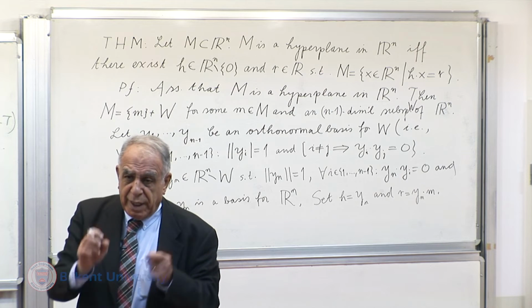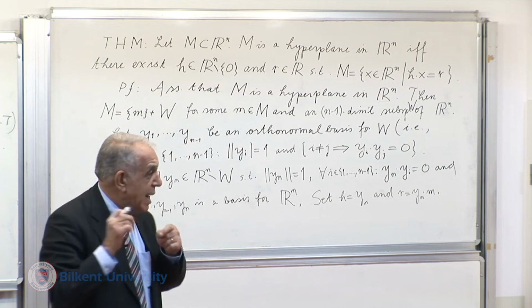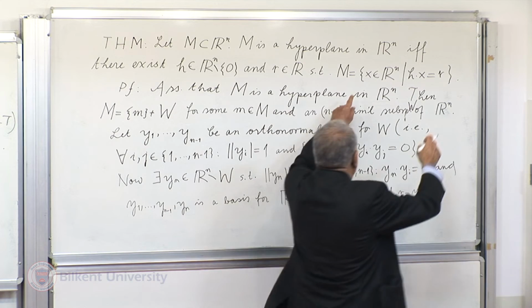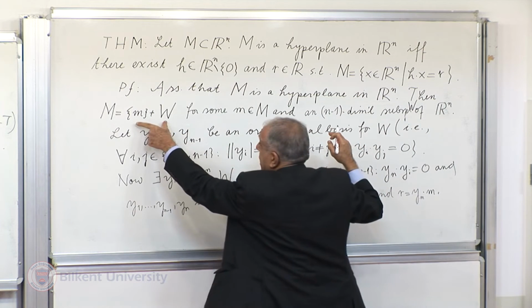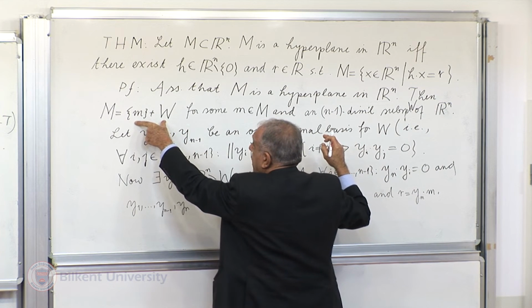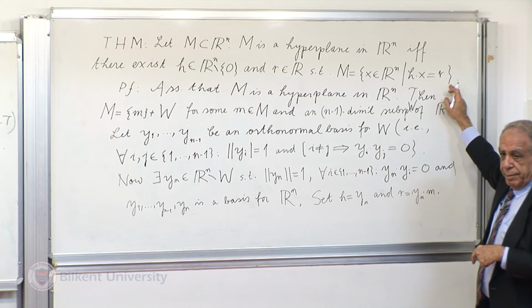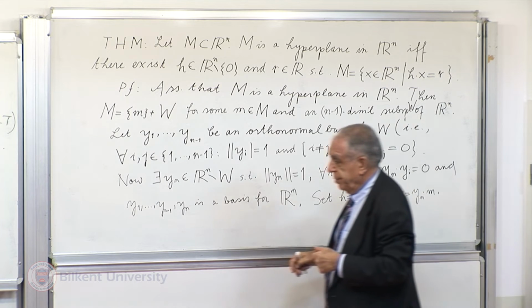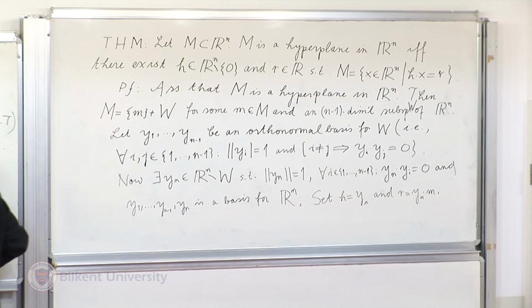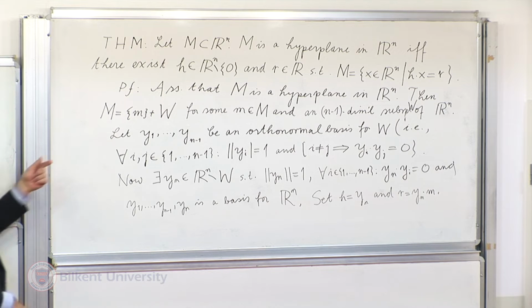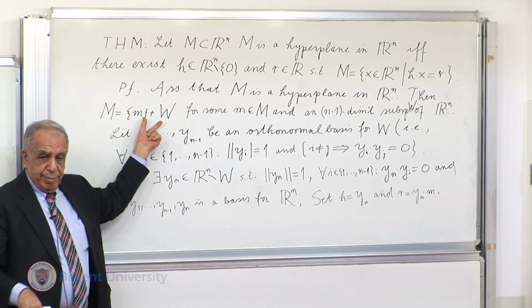We have to show that cap N as a set is equal to this set. That is, this set, singleton m plus W, should be equal to this set. Well, let's check. So let us start by taking any point in cap N.